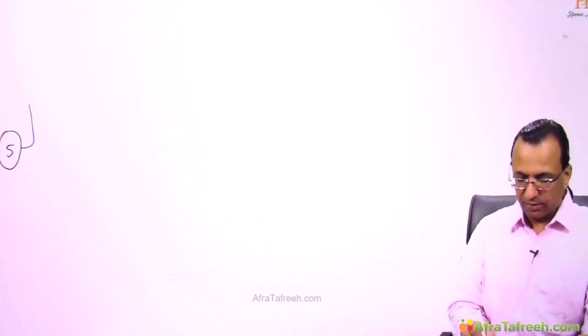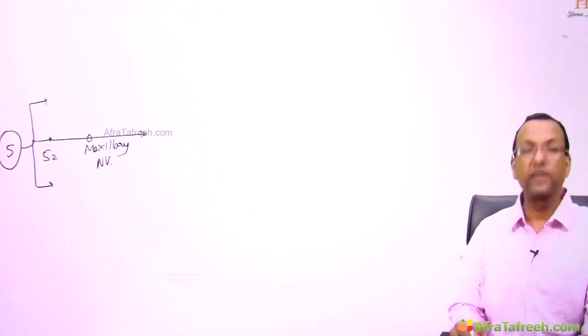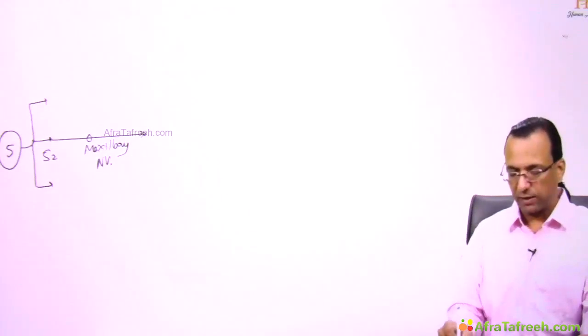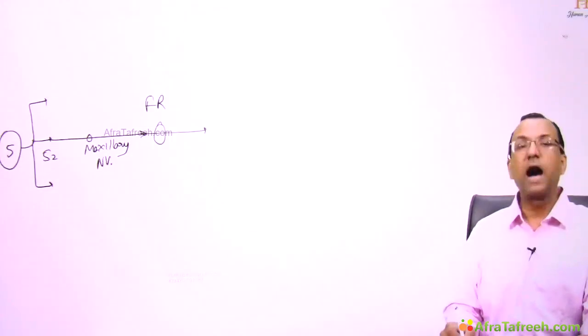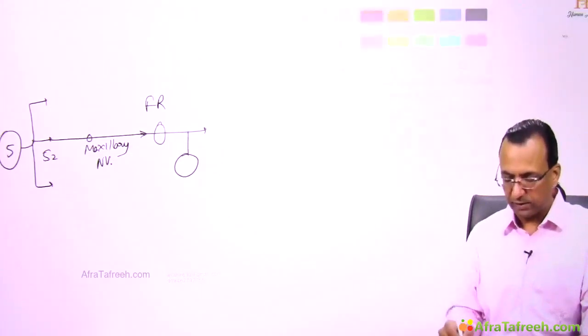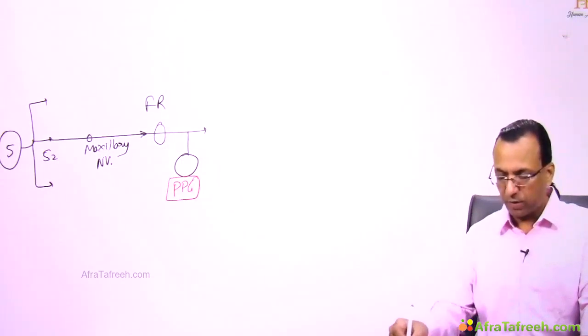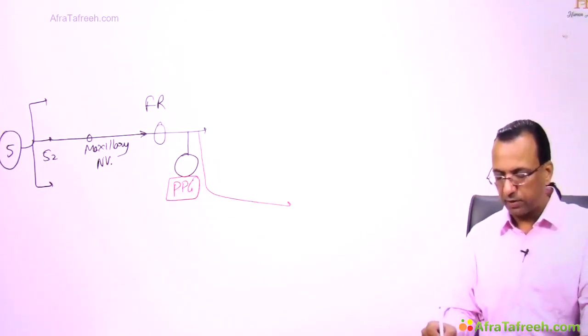Let's draw the diagram. So you want to discuss the trigeminal ganglion now? Yes, giving 3 branches, and one of them you are following, V2, the maxillary nerve. What is the maxillary nerve doing? It is supplying the bone maxilla, but before that it has to pass the foramen rotundum. After passing the foramen rotundum, it is topographically related to one ganglion, the pterygopalatine ganglion, and then it gives one branch which supplies the upper molar.